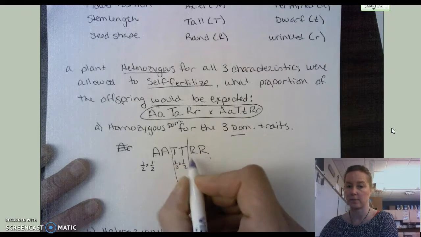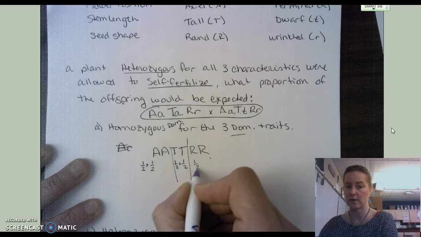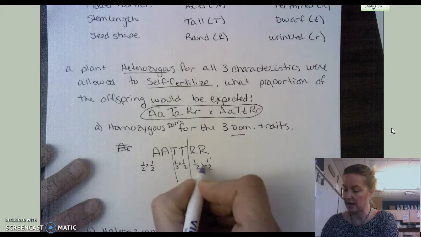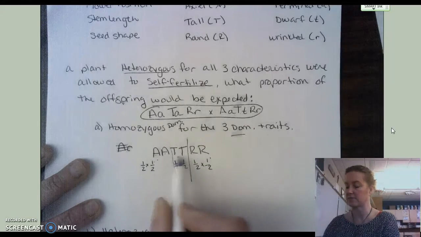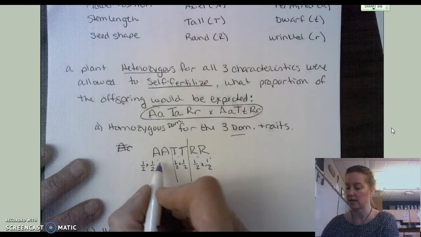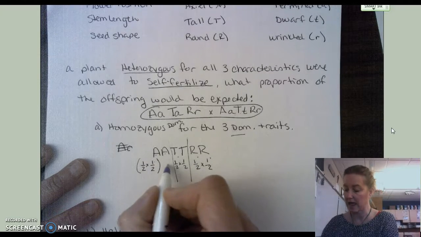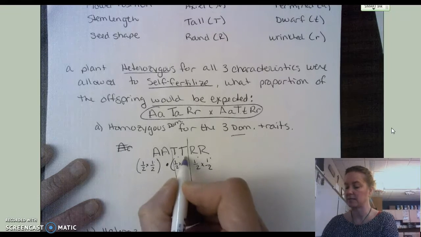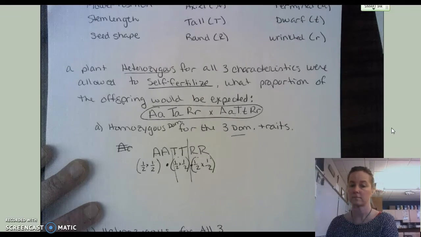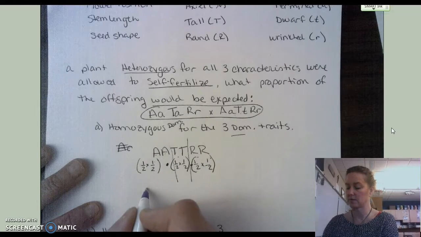A big R and a big R, again, is going to be 1/2 and 1/2. And remember, it's and. Because I have 3 traits and I want all 3 traits to show up in the offspring, I am going to take a big A, and a big T, and a big R. If I do the math, I should end up with 1/4 times 1/4 times 1/4.